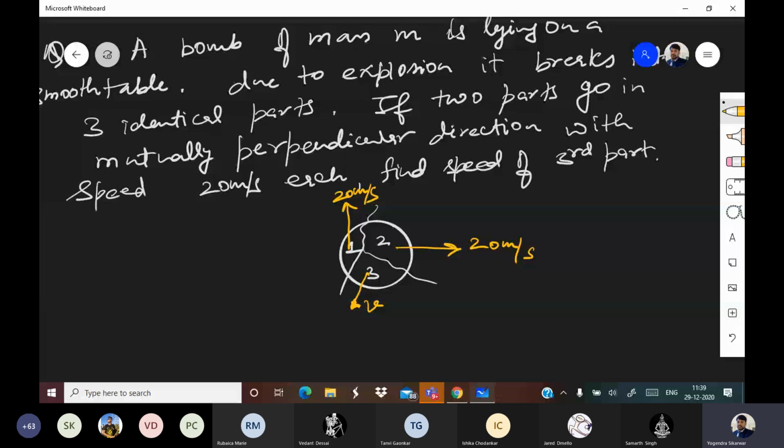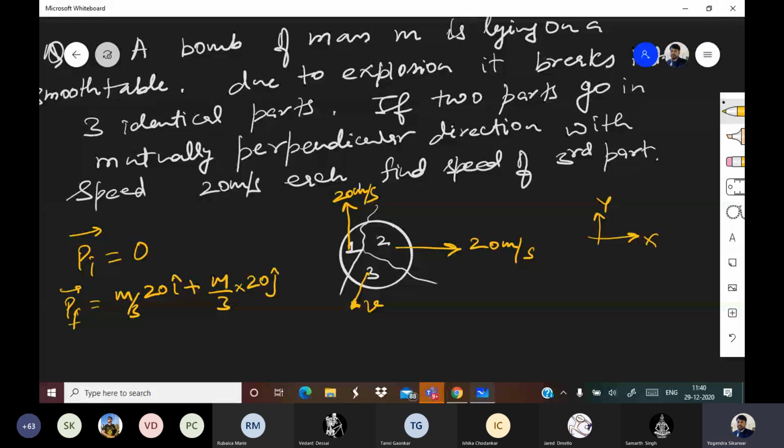Okay. Now P initial is equal to 0. Initial momentum is 0. We are considering this as the x-axis, this as the y-axis. So P final vector will be m by 3 into 20 i cap plus m by 3 into 20 j cap plus m by 3 into v vector.